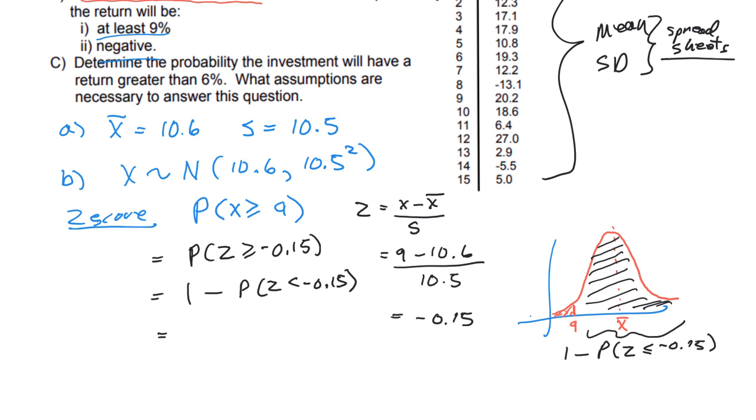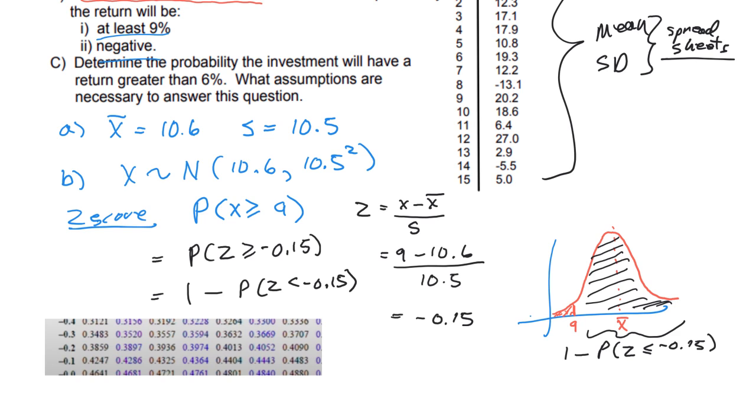Now, let's go and take a look at our z-score tables. So imagine that we have to find our z-score table of negative 0.15. We go over, find our 0.1, then go all the way across to the point where we have our value.